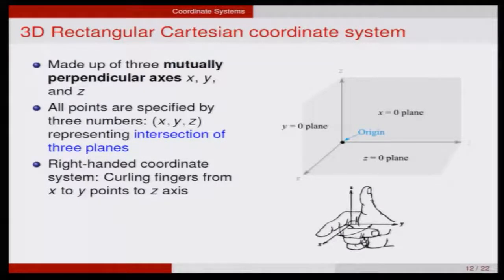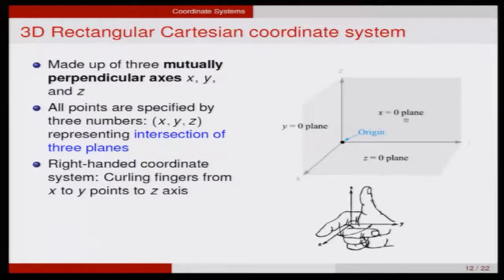Now, in a 3-dimensional coordinate system, you are looking at the intersection of 3 mutually perpendicular axes which form 3 planes. What is this plane? Look at this x is equal to 0 plane. I have 3 mutually perpendicular axes. That means axis x is perpendicular to axis y, which is perpendicular to axis z, and of course axis z is perpendicular to axis x.